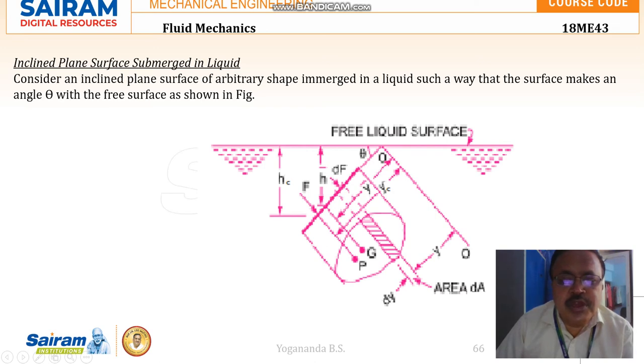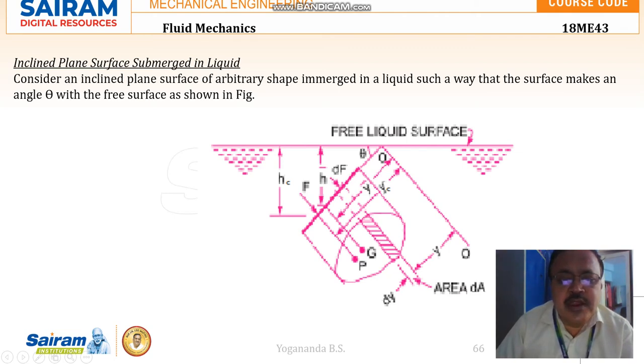G is the center of gravity, projected on the plane here, which is at a distance h bar from the free surface of the liquid. P is the center of pressure on which the total pressure force F is acting. That is at a height of hc from the free surface of the liquid.